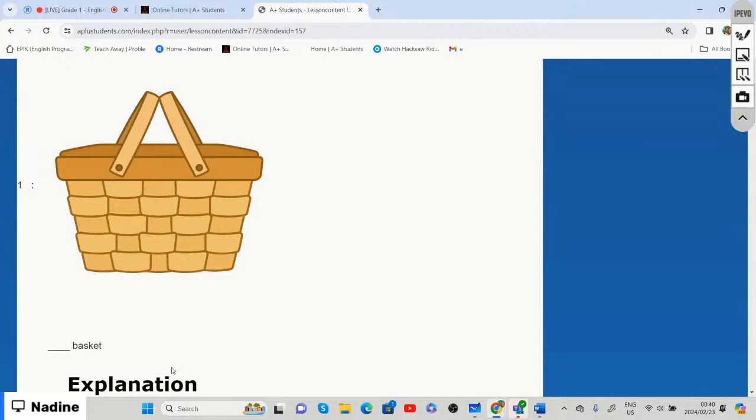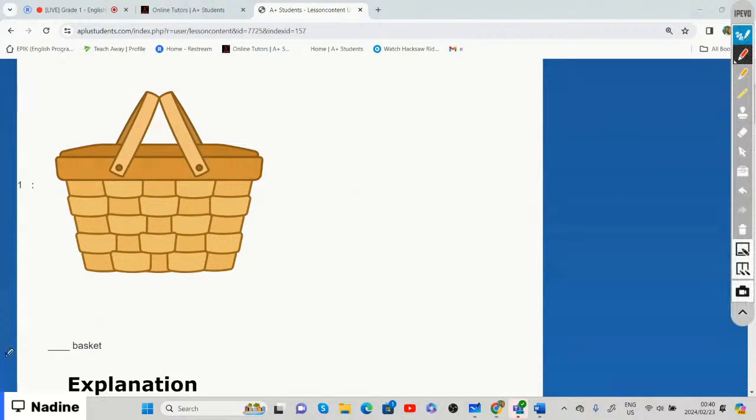If we were to say how many baskets there are, then we would say there's only one basket. You can write it as the whole word, one basket, or as the number, because that tells us how many baskets there are. I said earlier that adjectives also tell us how many. So over here, it's describing the basket by telling us how many baskets you see. That's only one basket.